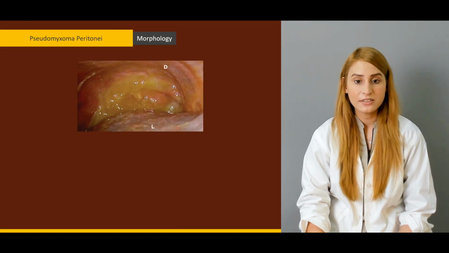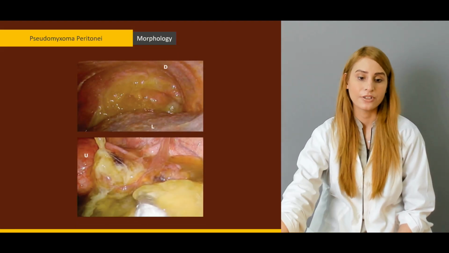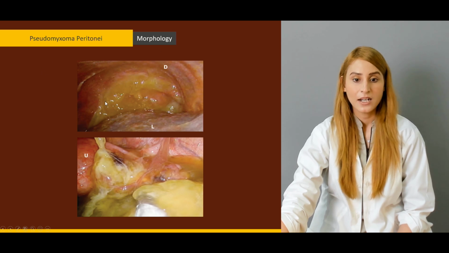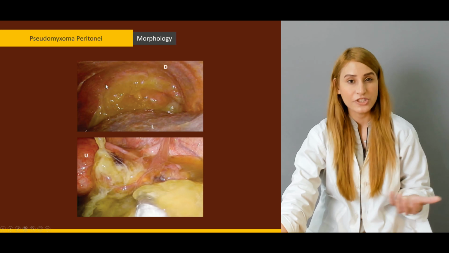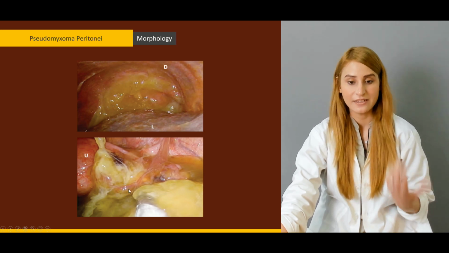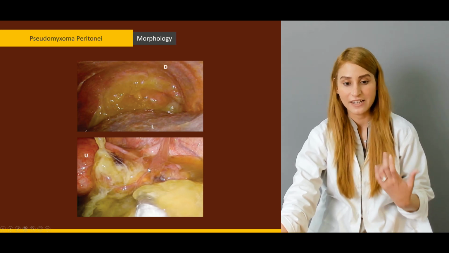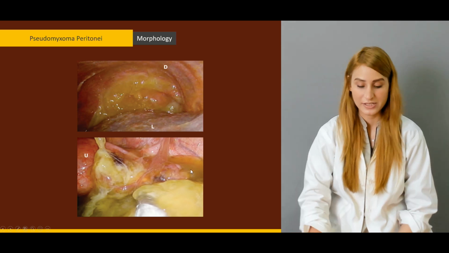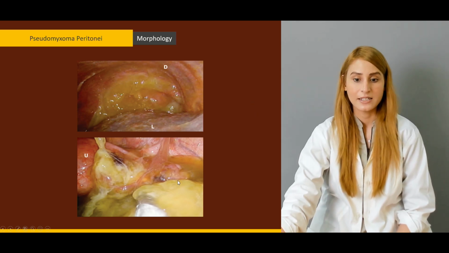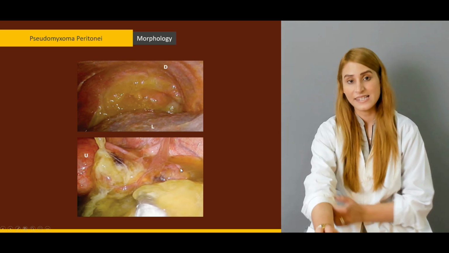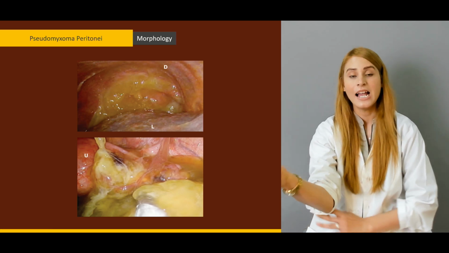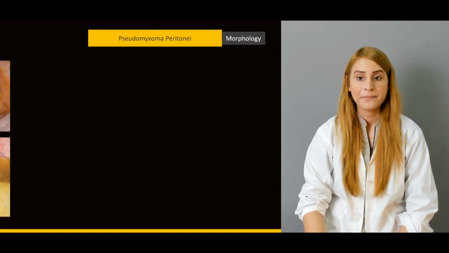Now, morphologically, you can see here that this is basically the omental fat, and the morphological appearance is so dirty, and there's pus, and you can see that the tumor cells are invading into the peritoneal cavity. So this is basically the omentum, and this is the peritoneum, and the whole is seeded with the tumor cells which have invaded from the appendix.